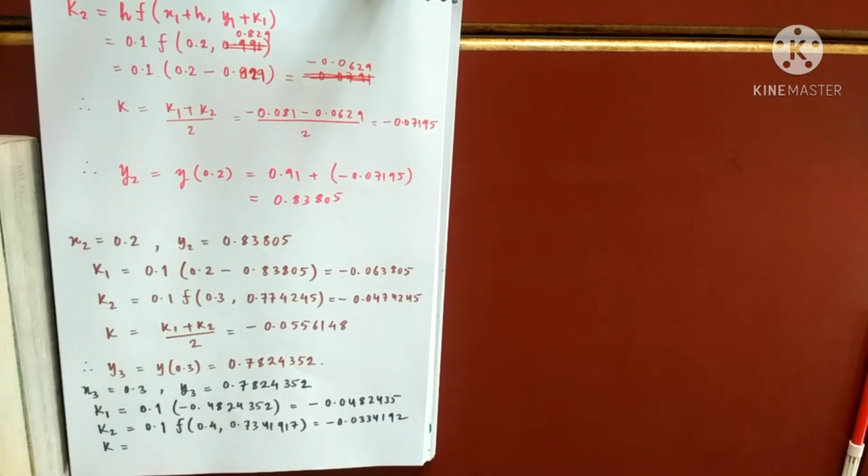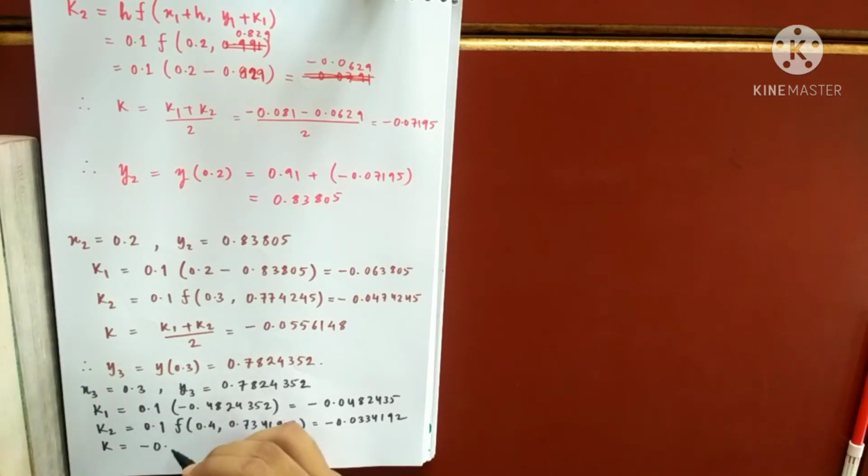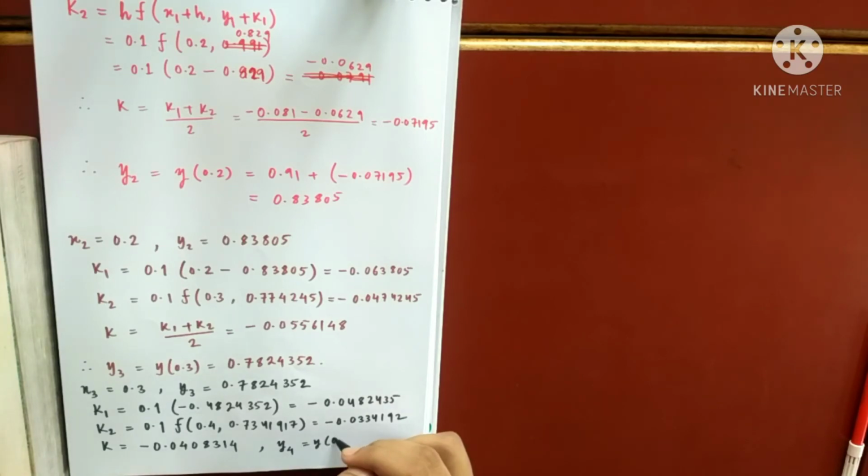So what is k? K is the average of these two. So k is the average of these two, 0.0482435 plus 0.034192 divided by 2. It is coming as minus 0.0408314. So what is the value of y4, which is y at 0.4?